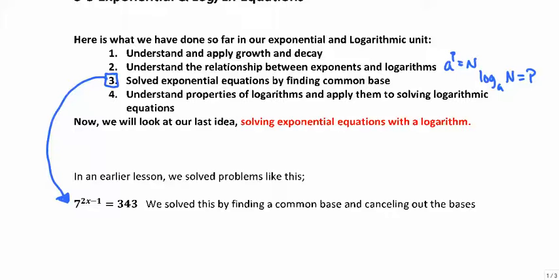All right, and then the last lesson, 5-4, we understood the properties of logarithms and applied them to solve logarithmic equations. We watched the videos from Nancy at Math BFF, where there were 2 types of logarithmic equations. One where you have a log equal to a number, and you have to use property 1, which is to rewrite that as a power, just like over here.